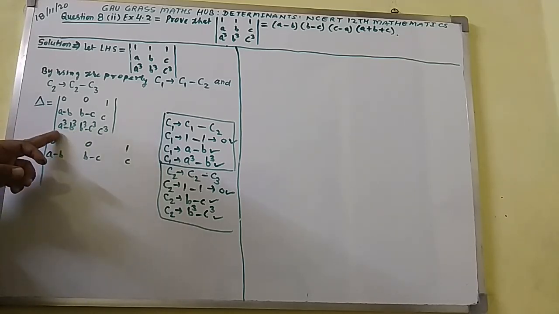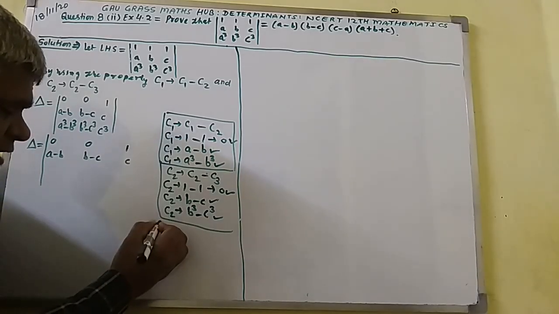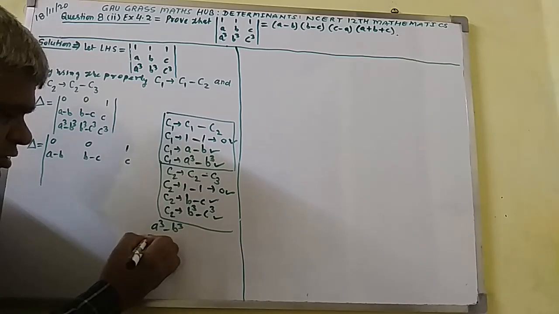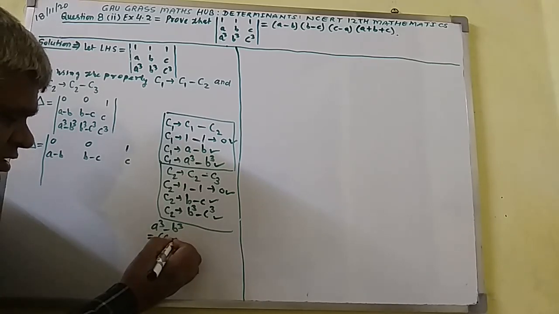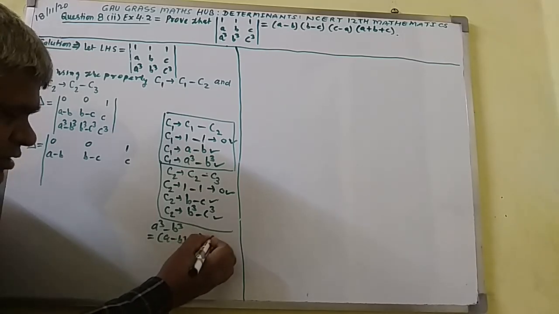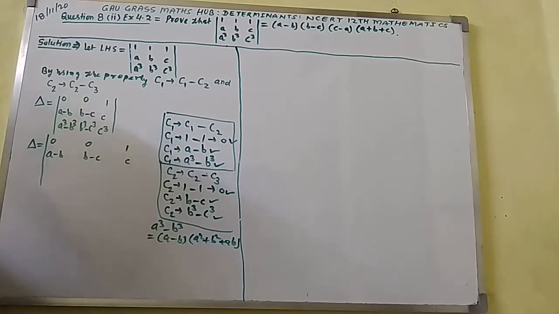The formula of a cubed minus b cubed is, here write the formula: a cubed minus b cubed equal to, in one bracket a minus b, in another bracket a squared plus b squared plus ab. This is the formula you might have learned in class 9th or 8th.